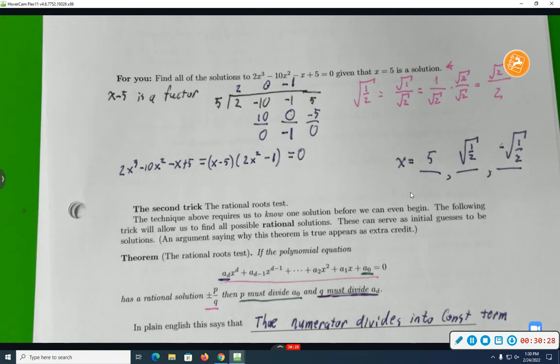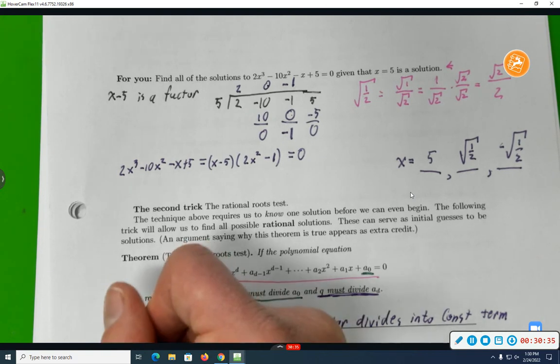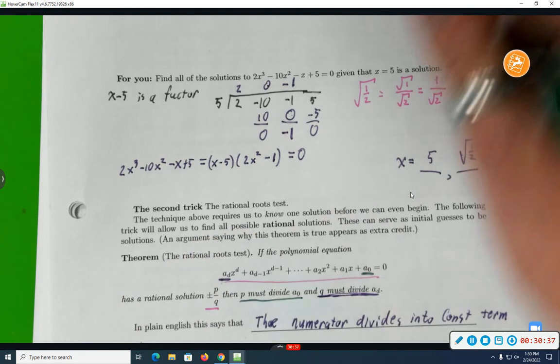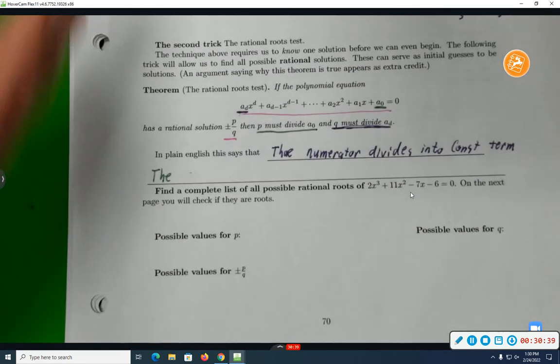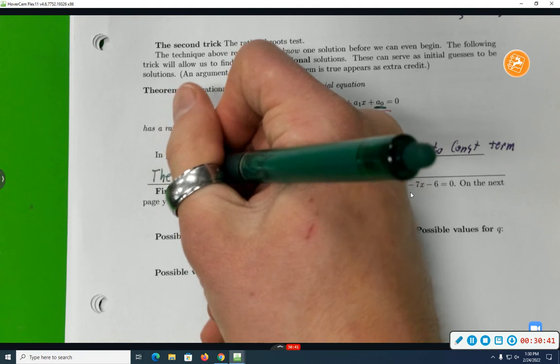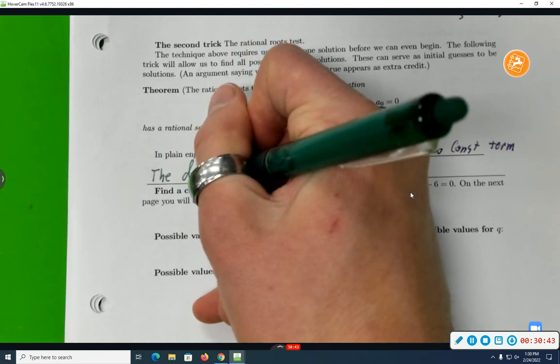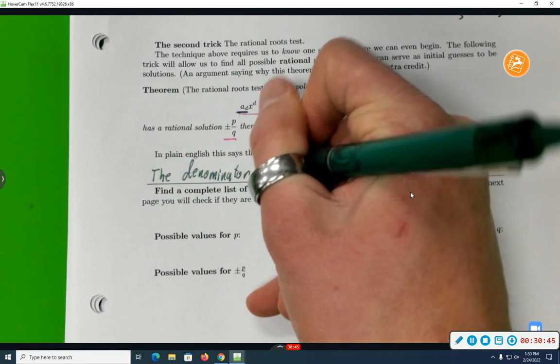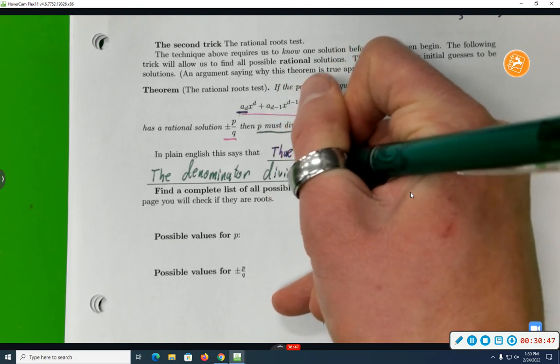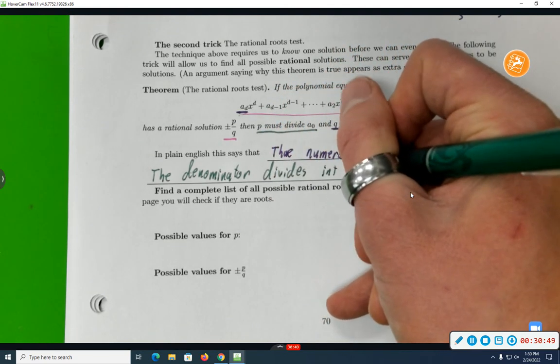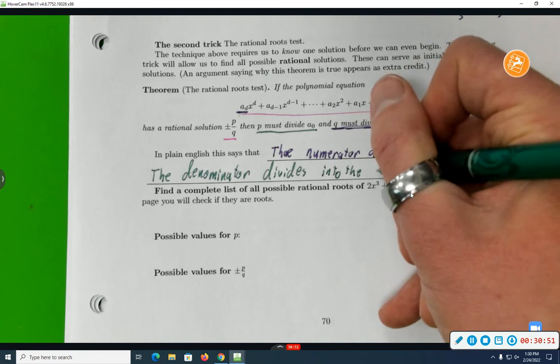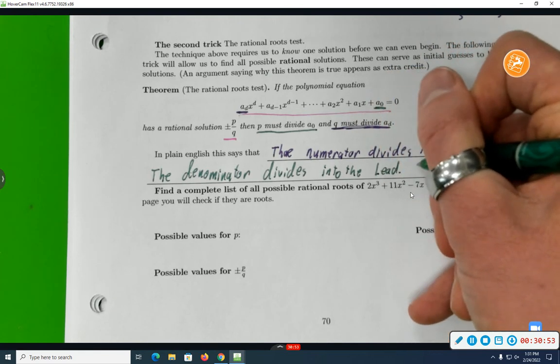That's really annoying. I mean, it's too late to do any better than absolutely backwards, so that's what I'm going to do. The denominator divides evenly into the leading coefficient.